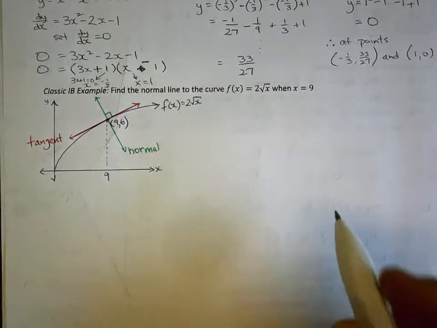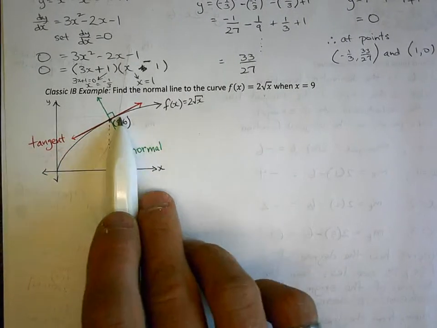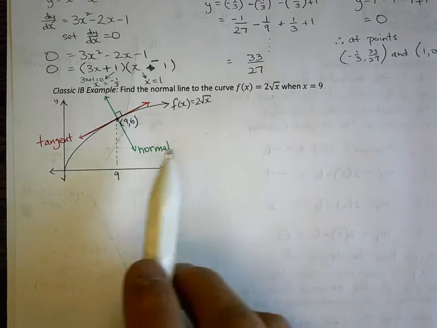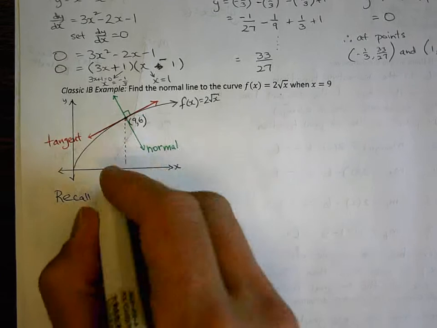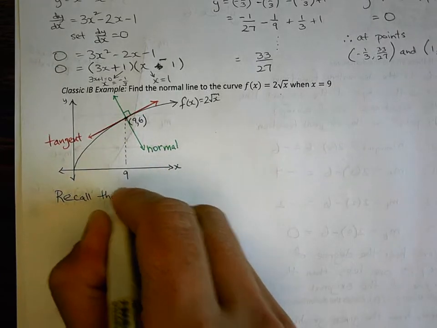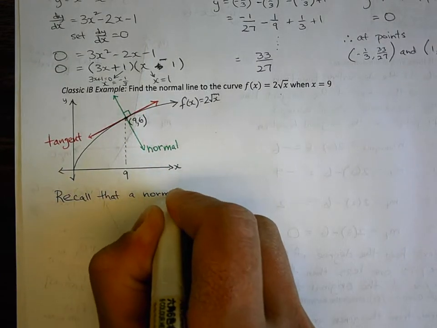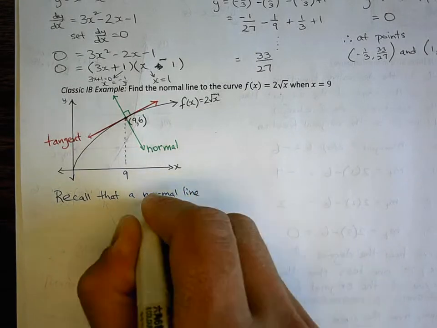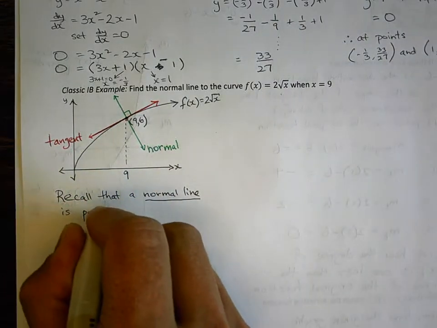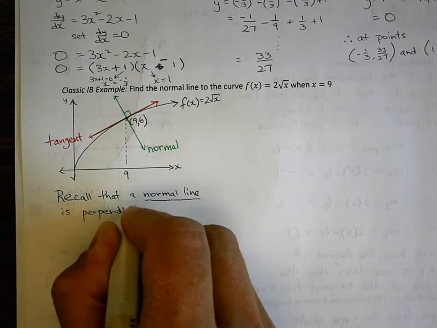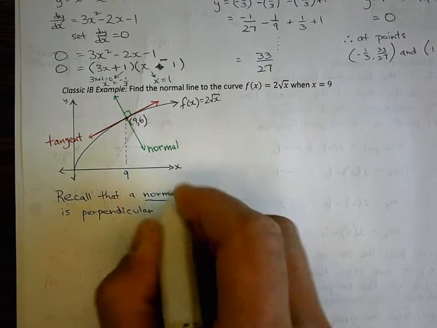Before we go on, what's the relationship between the normal line and the tangent line? Hopefully you remember from grade 10. Recall that a normal line is perpendicular to the tangent line.